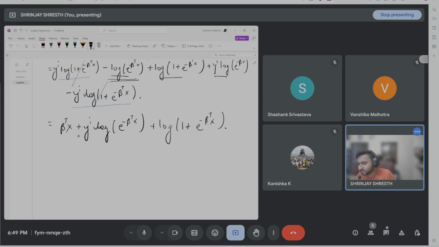अब ऐसा करते हैं 1 मिनट के लिए. Let us take it like this. Let us open this bracket. So we have beta transpose x plus yi into minus beta transpose x. ठीक है? Can I write it like this? Yes, I can write it like this.